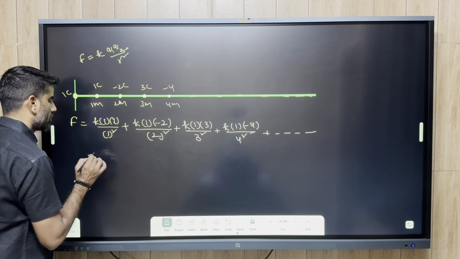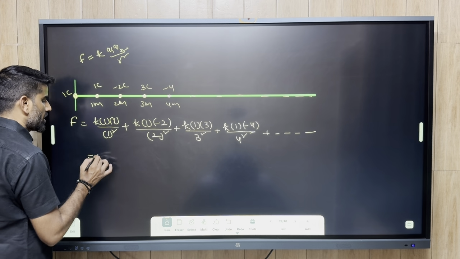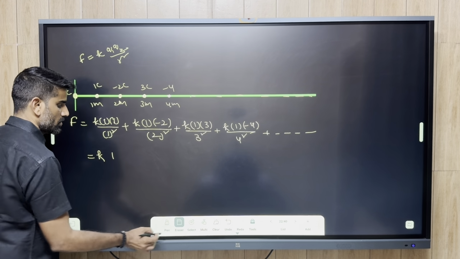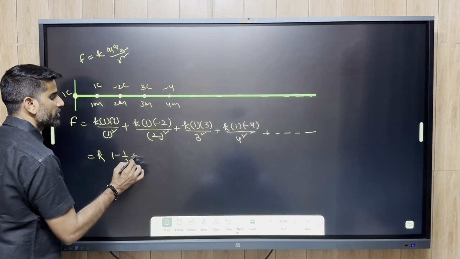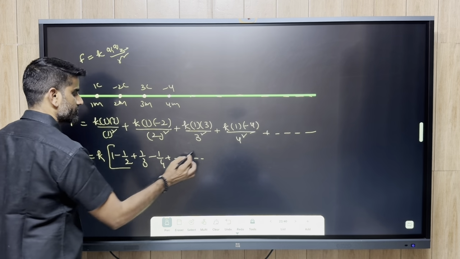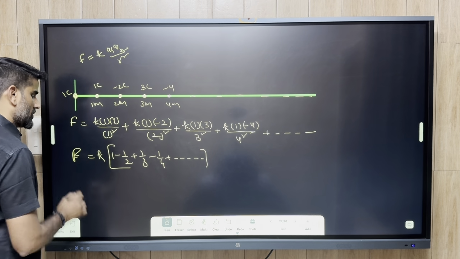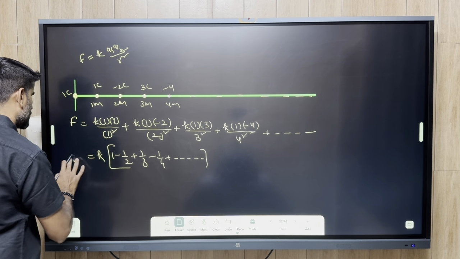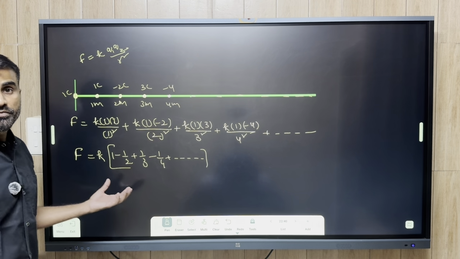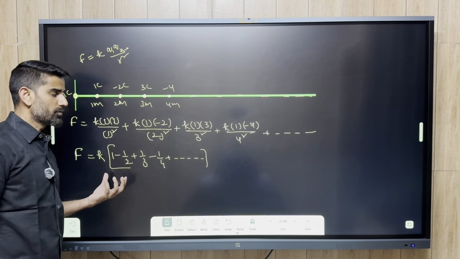Now I am taking the similar terms common. So k I am taking out, 1 minus 1 by 2 plus 1 by 3 minus 1 by 4, so on. No need to get confused.